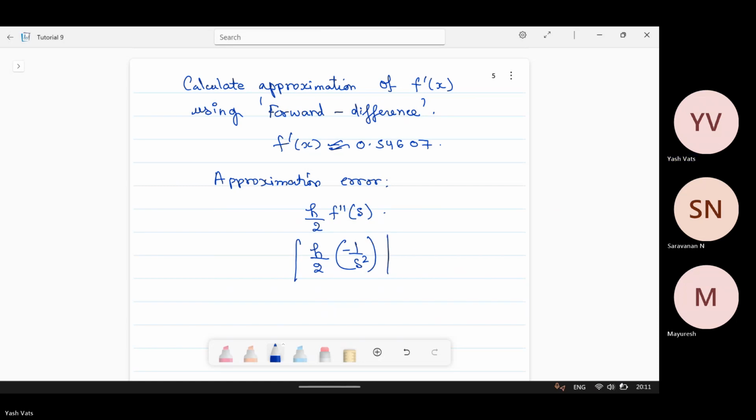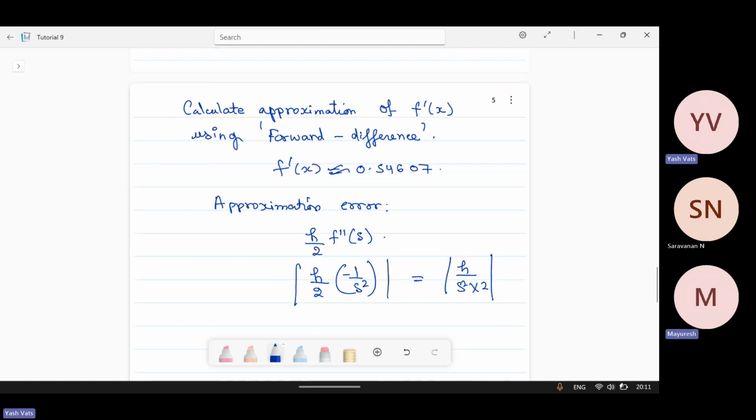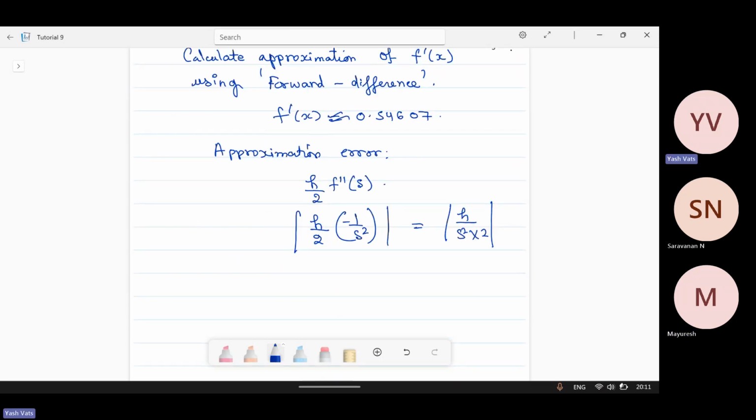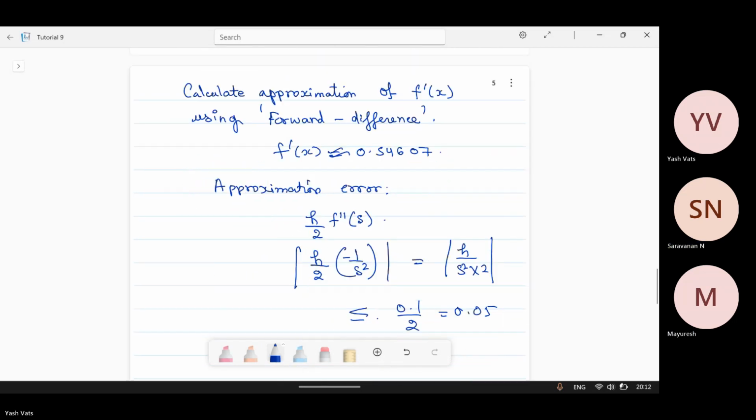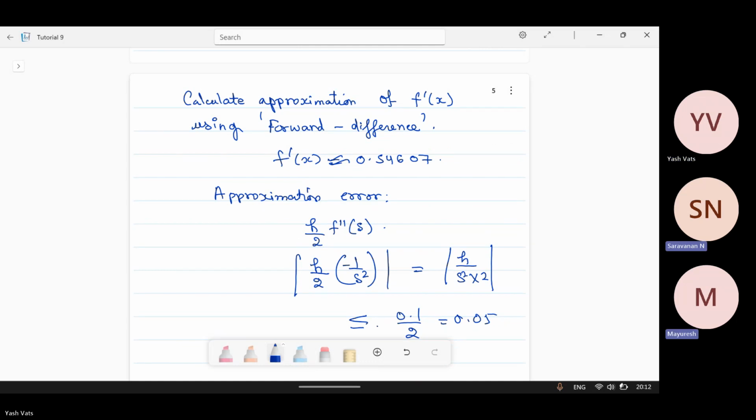If you take the mod of it, it should be mod h by 2 s square, less than or equal to something. 1 by s square is always less than 1, so it should be less than 0.1 by 2, which is 0.05. Where has this minus 1 by s square come from? The truncation error formula is h by 2 f double dash of s.